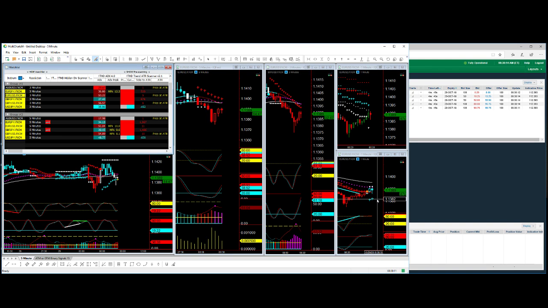Frankly, I would think that it would test the 1382 area first. I would not want to go into it with this being overextended. That would be a real no-no. This one tells me it's actually going to come down some.